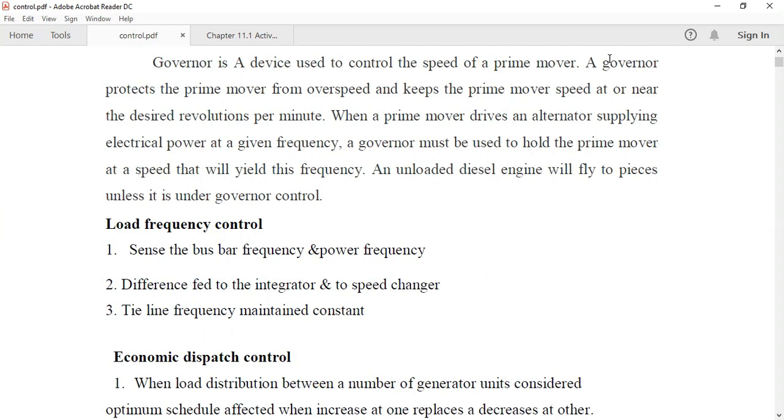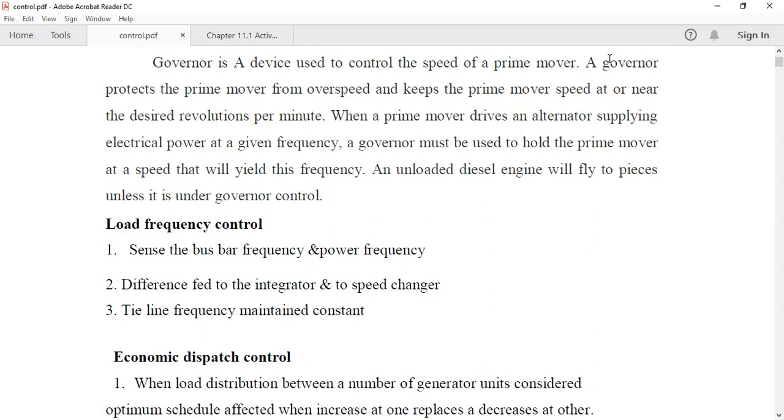The speed changer is the mechanism which will increase or decrease the speed by changing the fuel intake to the turbine with the help of an appropriate mechanism. Time and frequency are maintained constant. This is the prime requirement of any electrical system, to maintain the time and frequency at constant values.